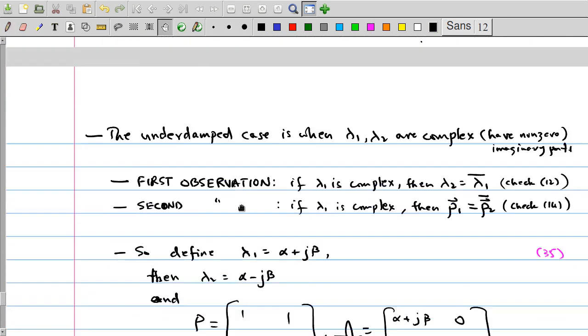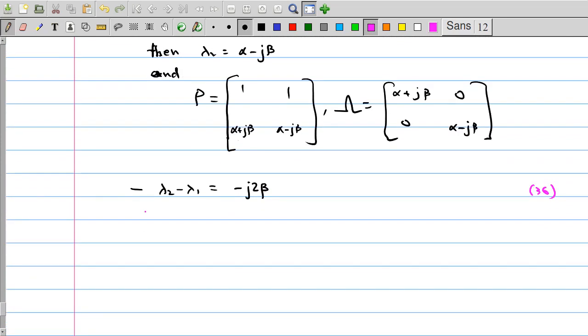e to the power of lambda 1 t becomes equal to e to the power of alpha t times e to the power of j beta t. e to the power of lambda 2 t is almost the same thing: e to the power of alpha t times e to the power of minus j beta t, right?